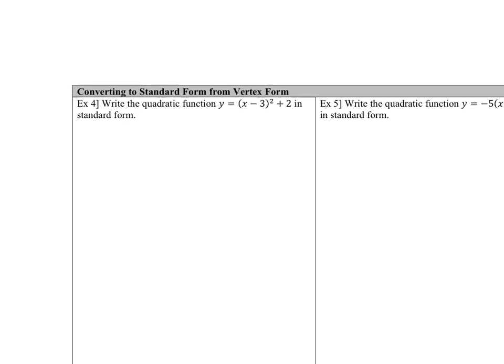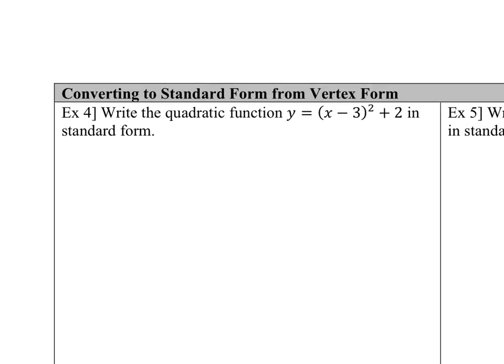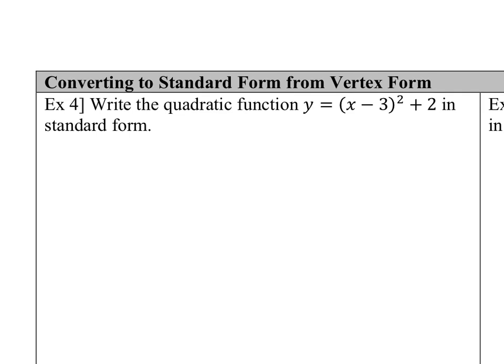Now, the next part of this is we need to figure out, well, how do I go from vertex form to standard form? Sometimes standard form is more helpful. It just depends on what you're being asked for. So we're going to convert the vertex form equation into the standard form equation. So they're both the exact same parabola, it's just written two different ways.